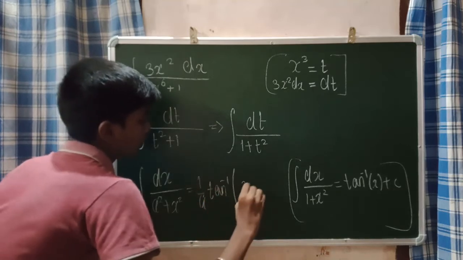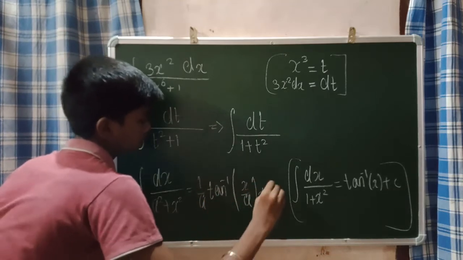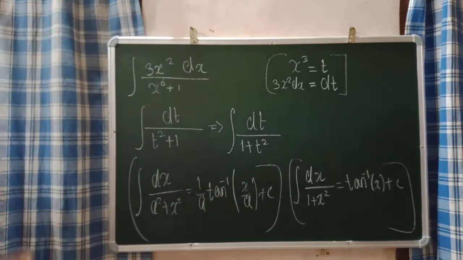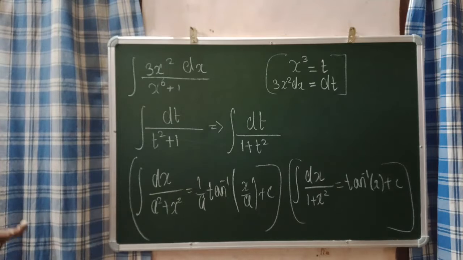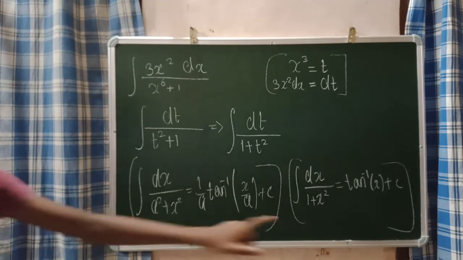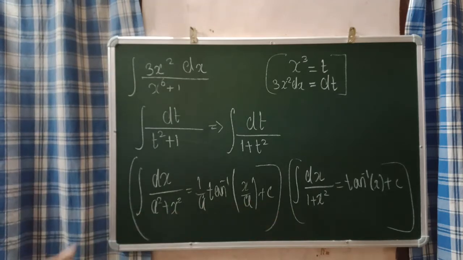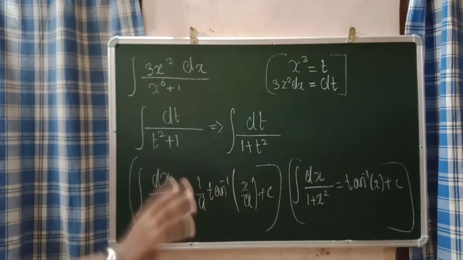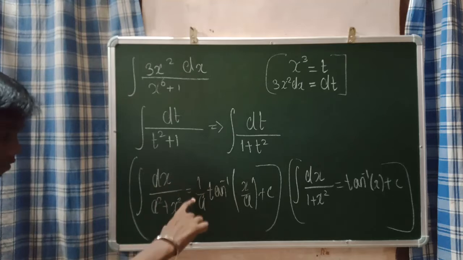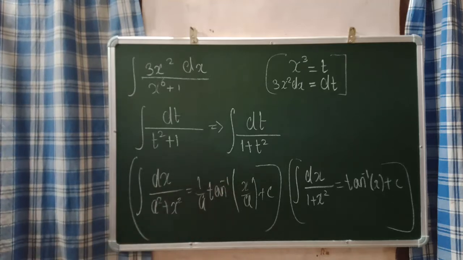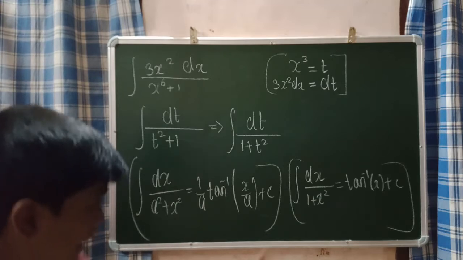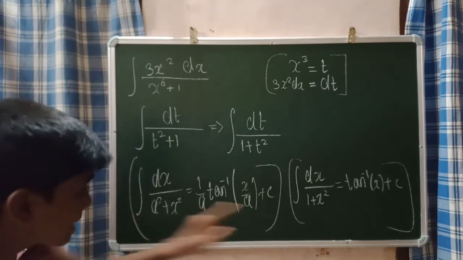From this formula only, this particular standard integration is derived. Of course, I hope you guys know that. Because here, your a square will be 1 square, because 1 square is 1 only, plus x square will be 1 by a, 1 by a will be 1 by 1, into tan inverse of x by a will be x by 1, because here your x is x itself and your a is 1.